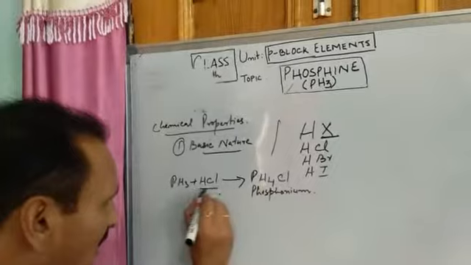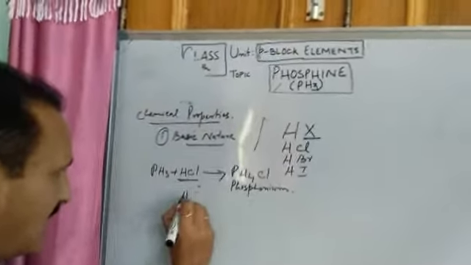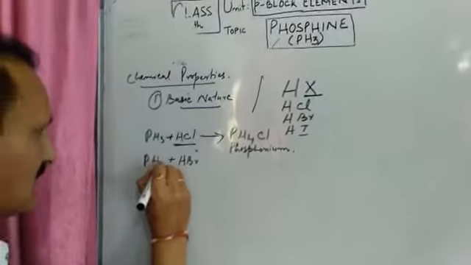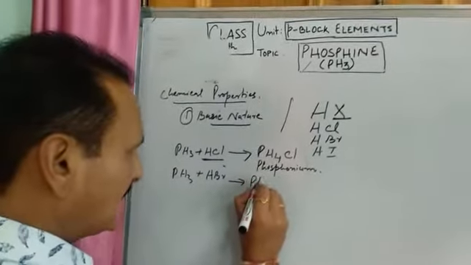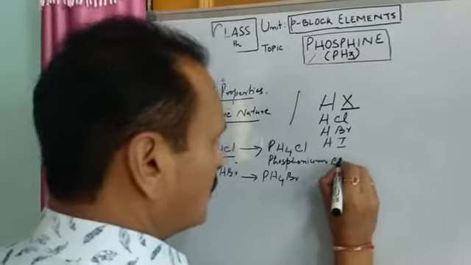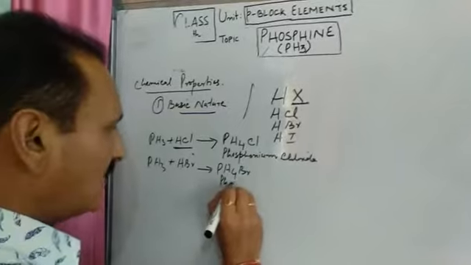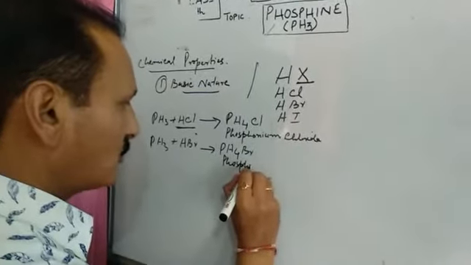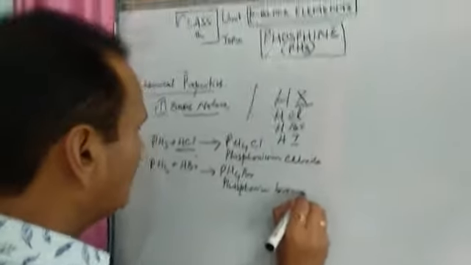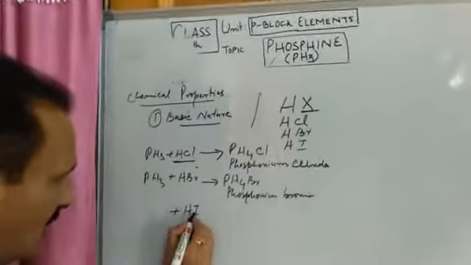We can change the halogen acid here. For example, we can take hydrobromic acid. Then this reaction will be like this. It will be PH4Br. It was phosphonium chloride in the first case, and this time it will be phosphonium bromide. We can take another halogen acid, that is hydroiodic acid.